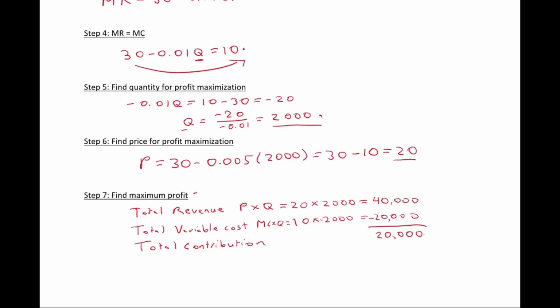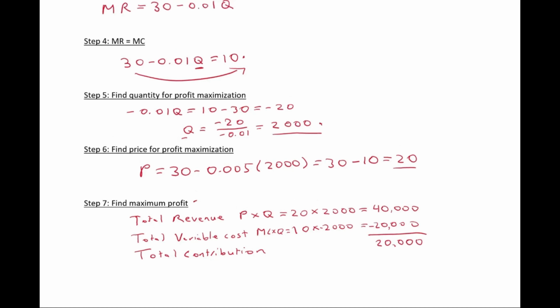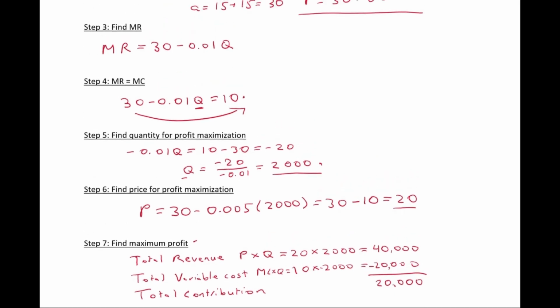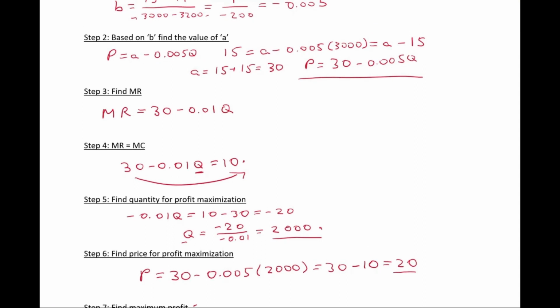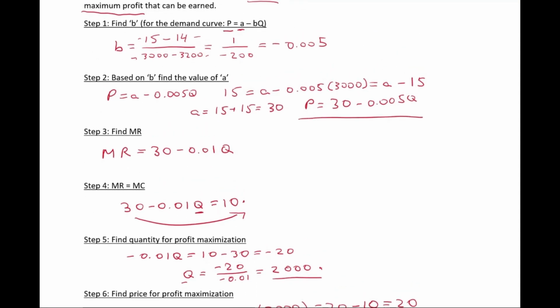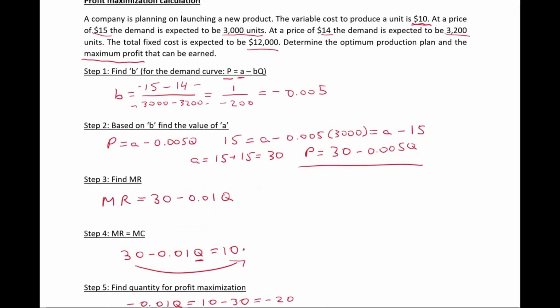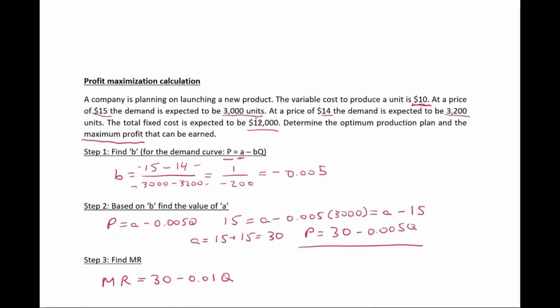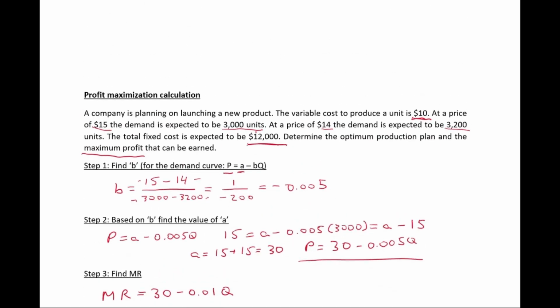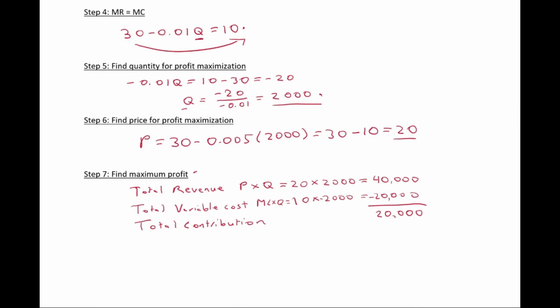And sometimes they'll just ask you for maximum contribution, in which case you'll stop here. But if they ask for maximum profit, we need one last part of the equation, which is the fixed cost. And we can get that data from our question above, where it says the total fixed cost is expected to be 12,000. So let's go back down.